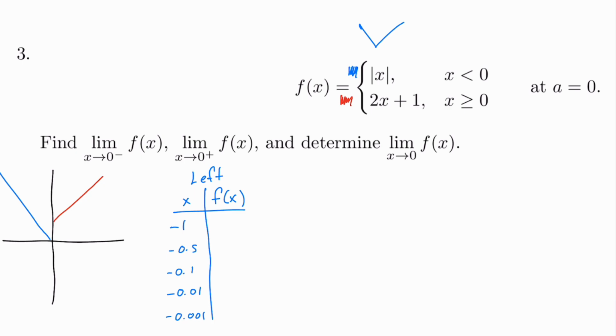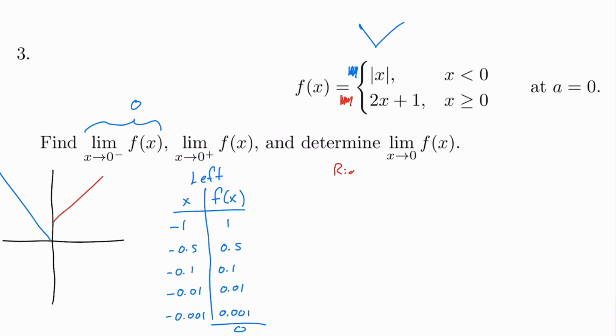And our f of x values are going to be 1, 0.5, 0.1, 0.01, and 0.001. So these are getting closer and closer to 0, which agrees with our graph. So we can say that our left-handed limit is going to be 0.